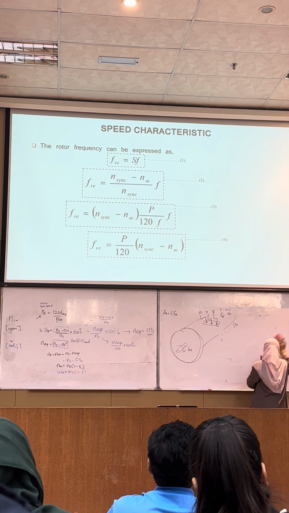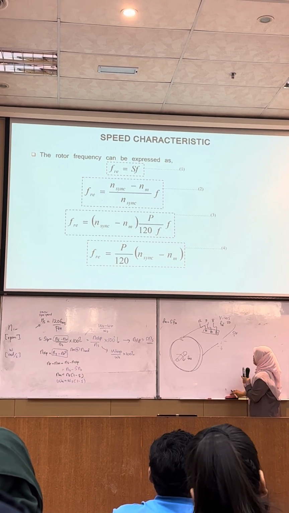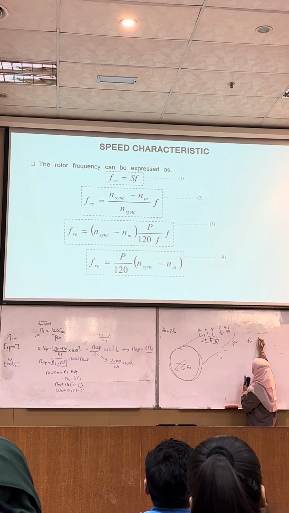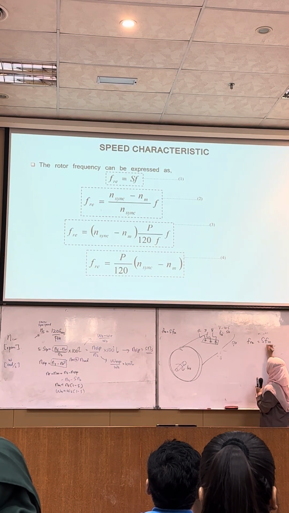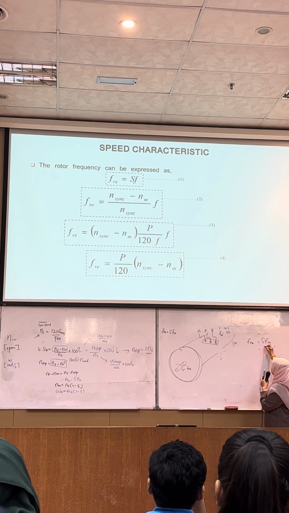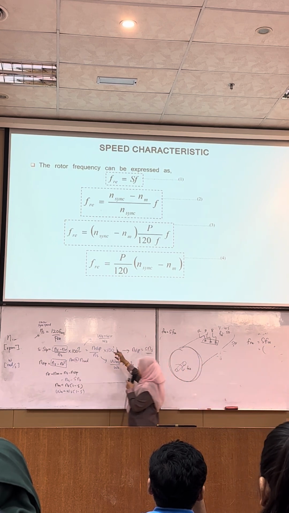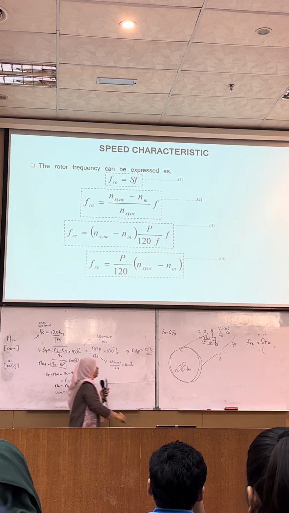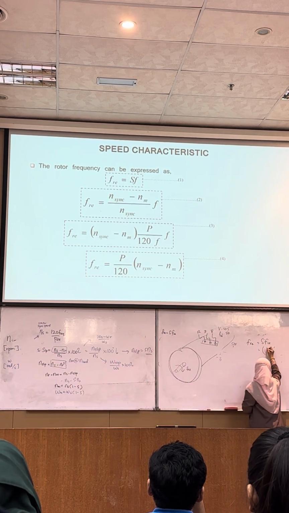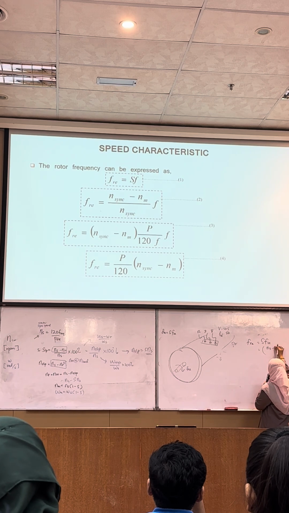So actually they're expanding the equation here. So F_R E S F S E. So S adalah NS tolak NM ini. Okay. NS minus NR.